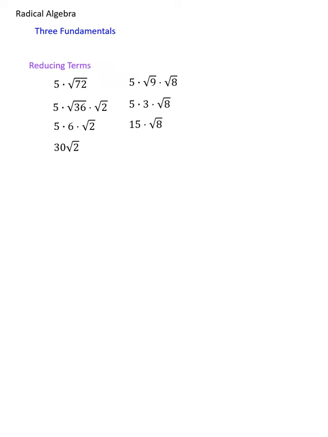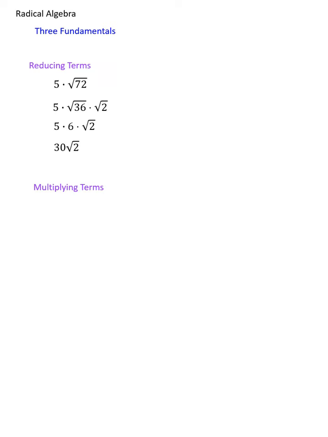Now, 15 radical 8, it turns out, can be simplified further, because after all, I can express radical 8 as radical 4 times radical 2, but radical 4 is 2, and now I can multiply the whole numbers. 15 times 2 is 30, thus showing that even if I had chosen a different factorization in the beginning, I would have got the same result in my final reduced form of this term. So that's fundamental principle number 1, reducing terms.